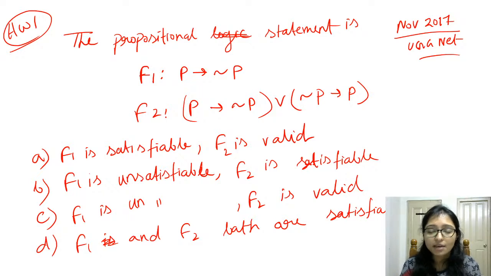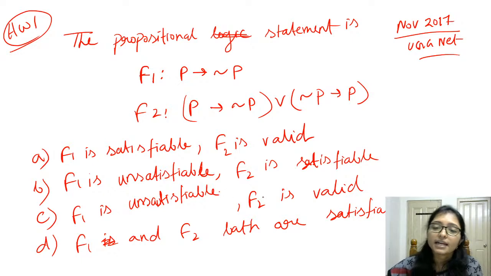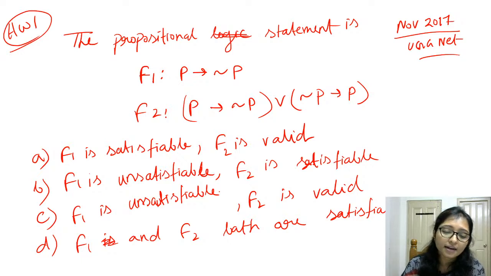Option B is F1 is unsatisfiable, F2 is satisfiable. Option C is F1 is unsatisfiable and F2 is valid. Option D is F1 and F2 both are satisfiable. Done. Please write down the homework, then I will give you next homework.